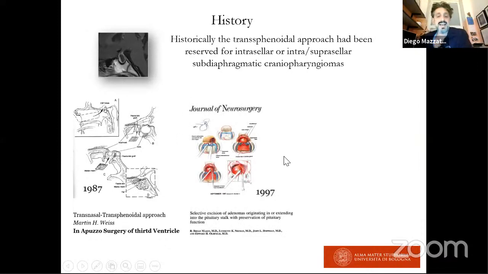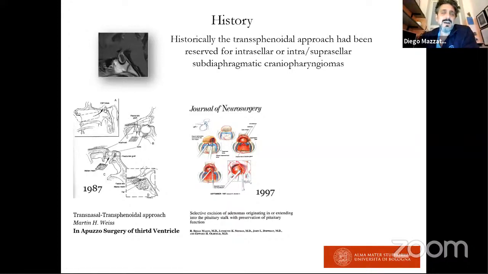In fact, at the end of the 20th century, Mason wrote a paper, and the cover of the Journal of Neurosurgery was dedicated to it, because he described the supradiaphragmatic approach with the microsurgical technique to remove the pituitary stalk in GH-secreting pituitary adenomas.